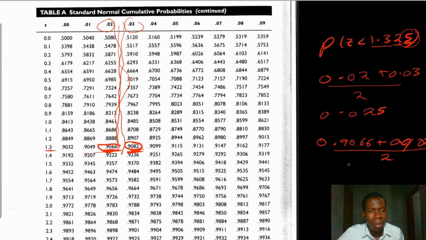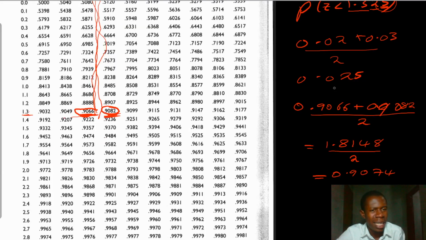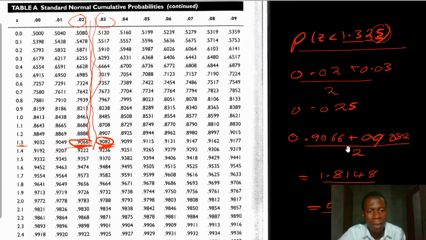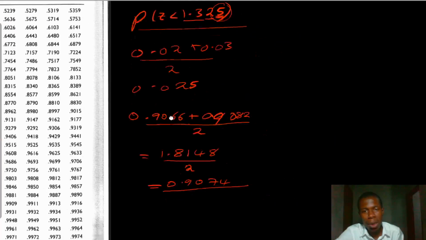That will be our probability here. If we add these two on top, we're going to get 1.8148. Then we divide by 2, meaning that the probability of Z less than 1.325 is 0.9074. So that is basically how you do that.